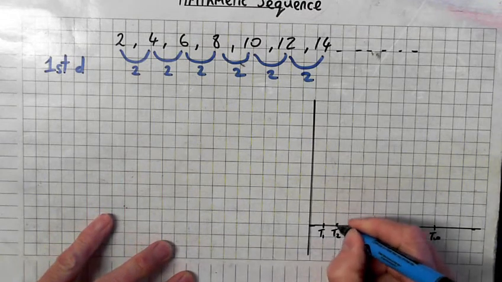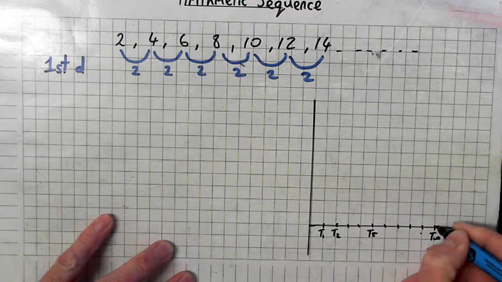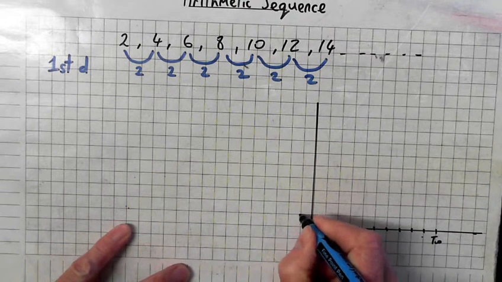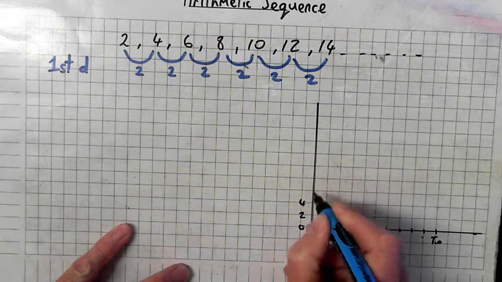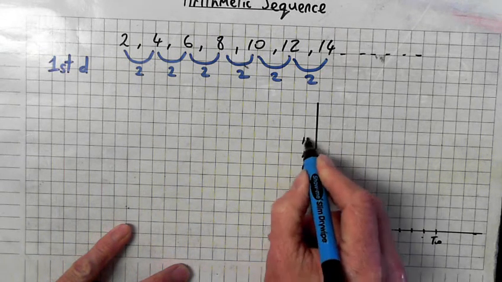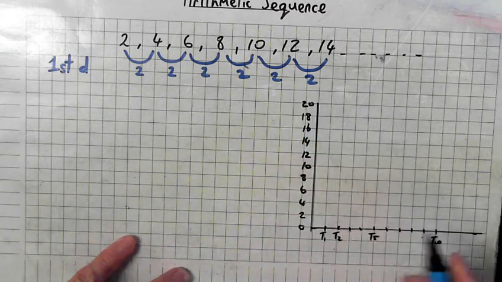Just mark them all: 1, 2, 3, 4, 5, 7, 8, 9, term 10. And this is the value. So this is 2, 4, 6, 8, 10, 12, 14, 16, 18, 20.